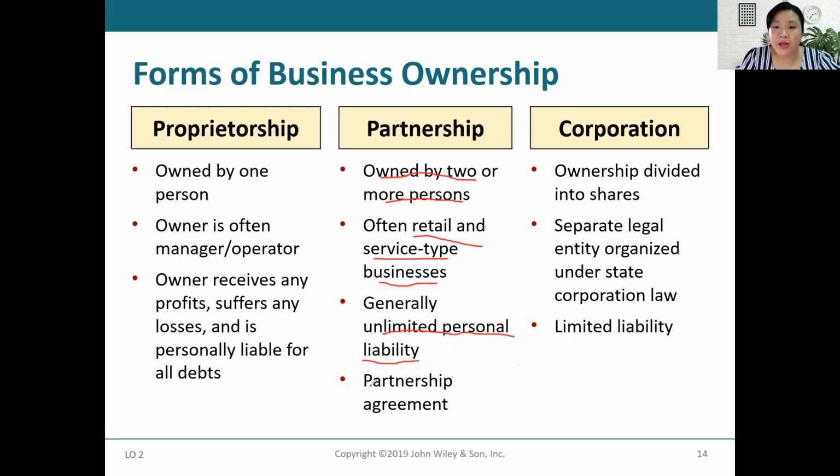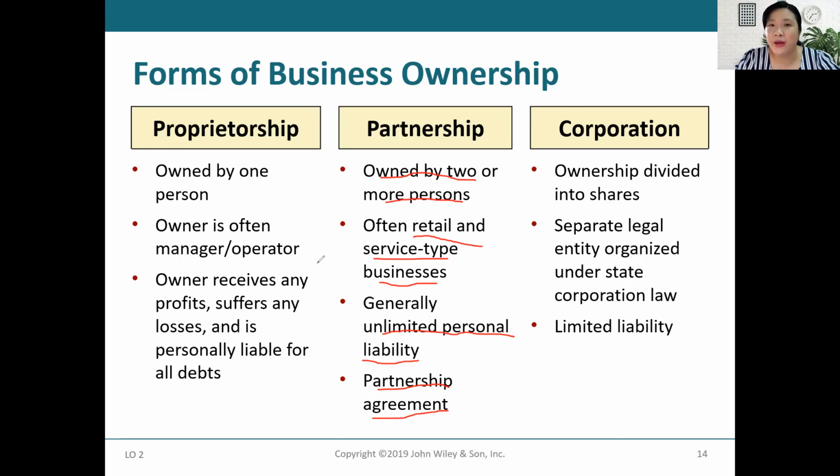And for the partnership, they need to sign a partnership agreement, okay? What the partnership agreement does is tell how much profit each partner will receive.